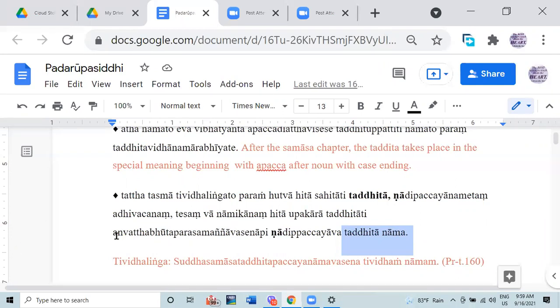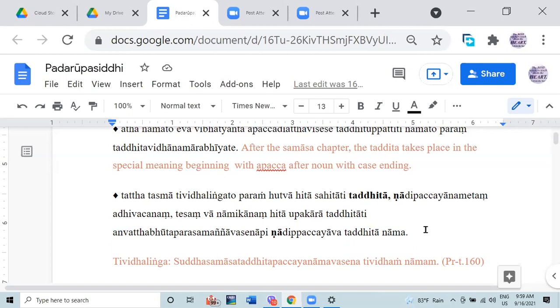So in what way? Anuttha Buddha Prasamanya. Anuttha and Buddha are a pair of words.